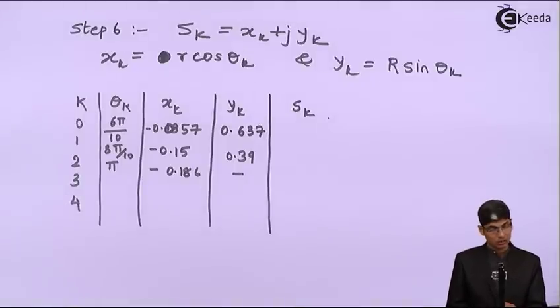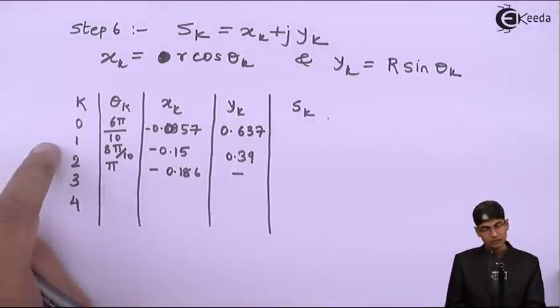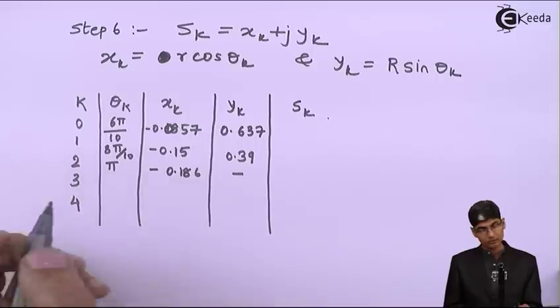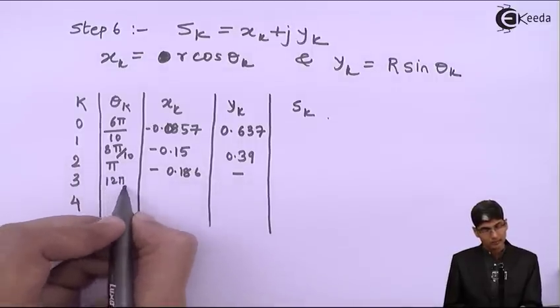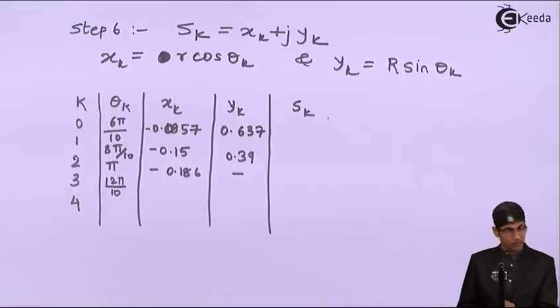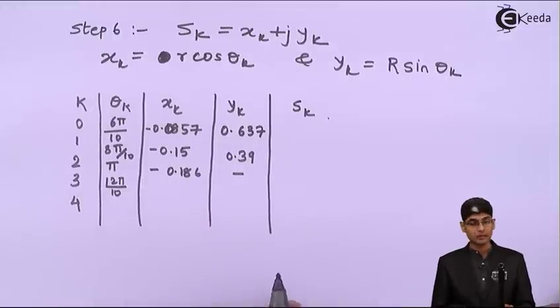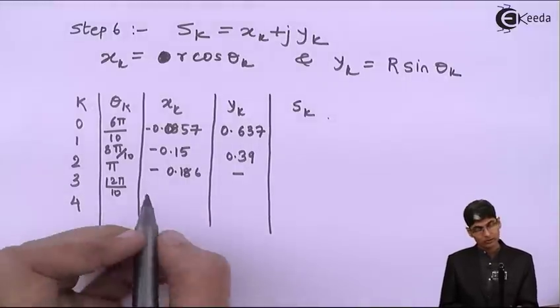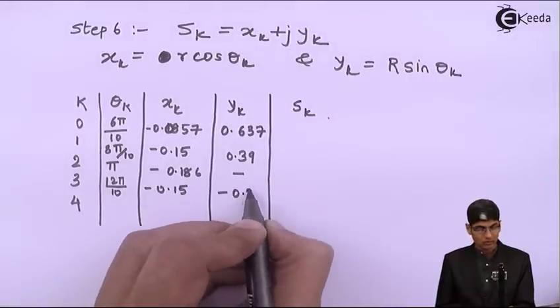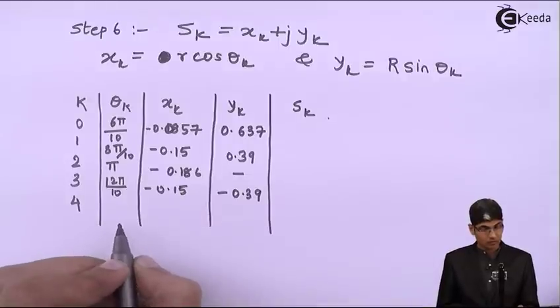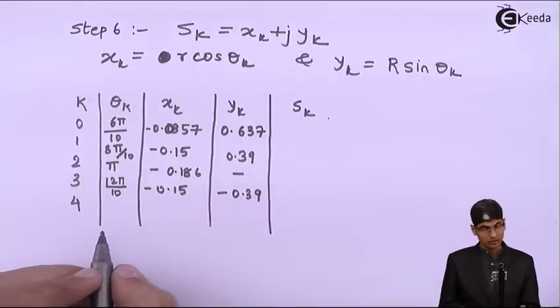Now the third pole will be the conjugate of the first pole. Here the angle is 12 pi by 10, if I am not wrong. Yes, it's correct, 12 pi by 10, and it will be the conjugate, so I will write minus 0.15, and I am going to get minus 0.39. After all, it's a cosine and a sine function.